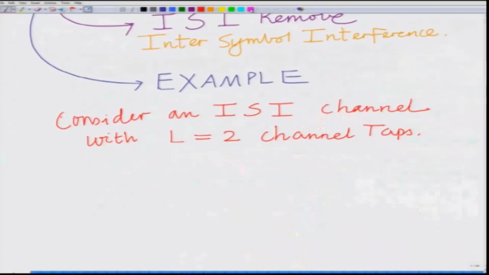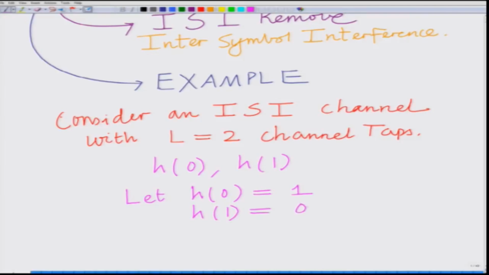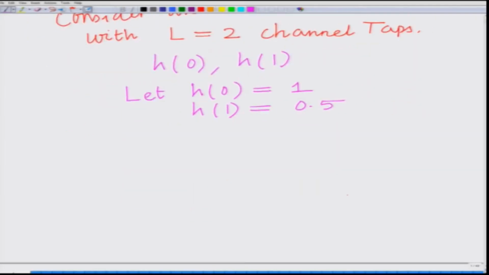So we have two channel taps, H0, H1. Further, let H0 equal 1 and H1 equal 0.5.